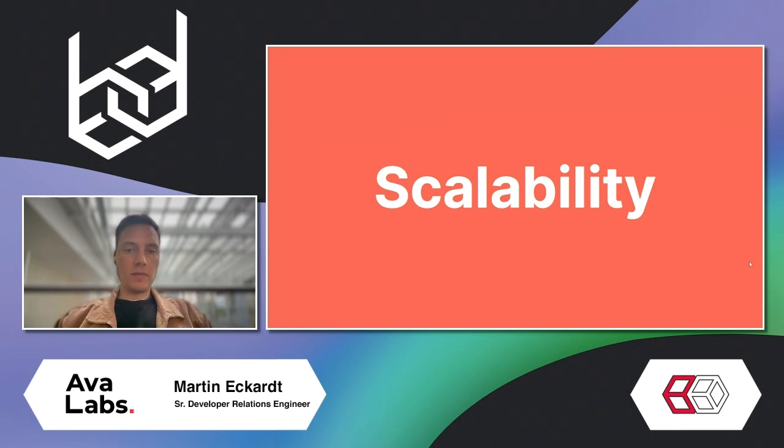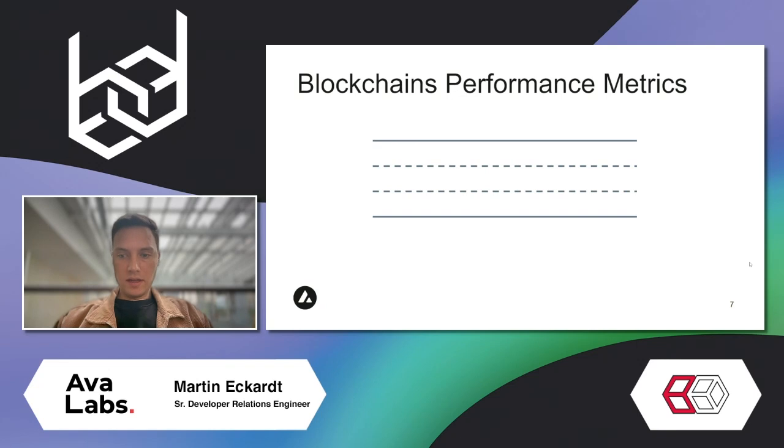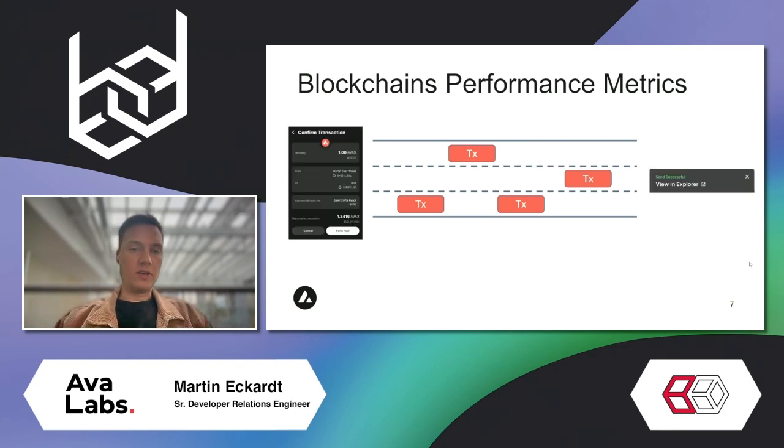So let's start with scalability. Scalability is the idea of having a scalable blockchain with a high throughput. Blockchain performance can be a little bit hard to measure. We do know two major performance metrics. I want you to think of this analogy of a highway.